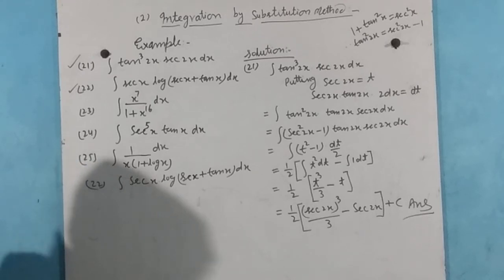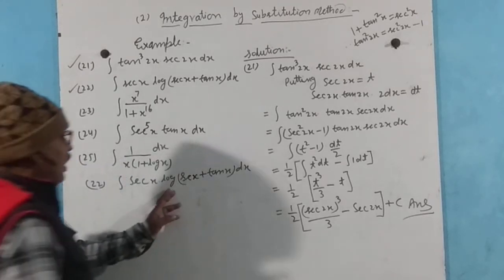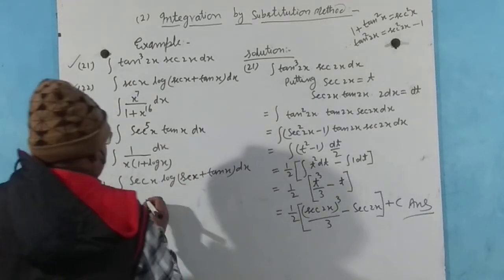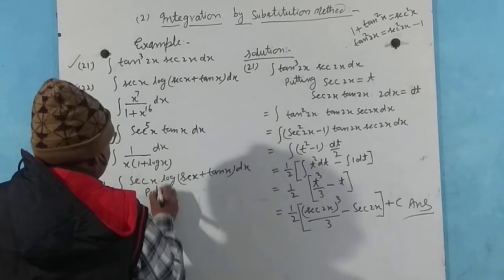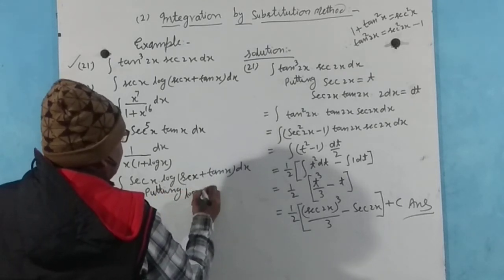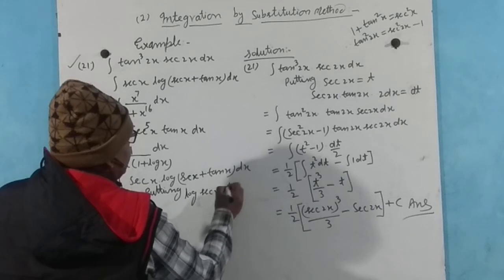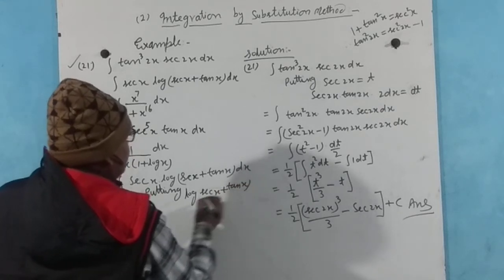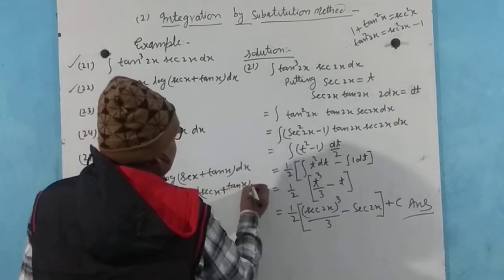In this case, putting log sec x plus tan x equal to t.